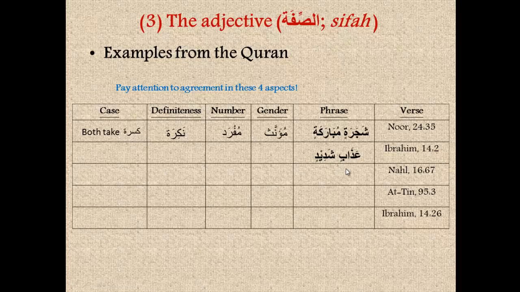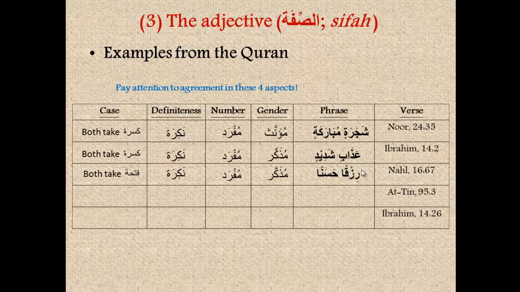Anyway, both of these words are mudhakkar, masculine, both are mufrad, both are nakirah, and both take the same case, the kasrah. In Surah An-Nahl, Surah number 16, verse number 67, we have the phrase rizqan hasanan. Both are mudhakkar, mufrad, nakirah, and both take a fatha.